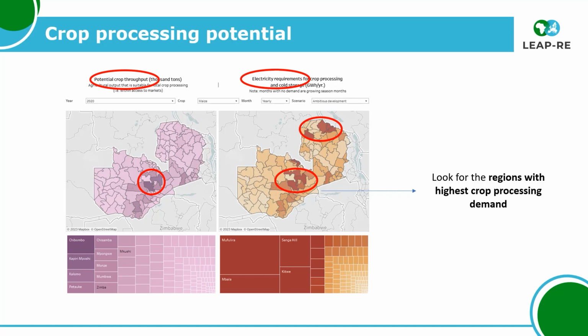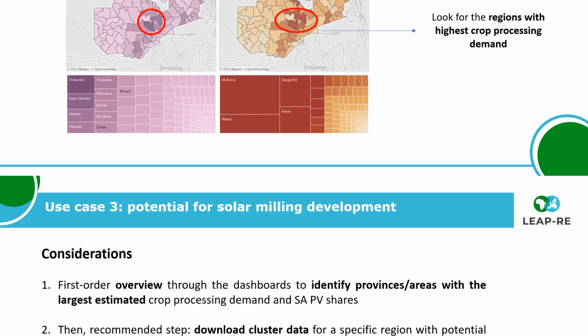So maybe not worth or of interest in the scope of the current example, despite their strong potential for crop processing and cold storage energy use. So maybe better focus on the northern part of the country.